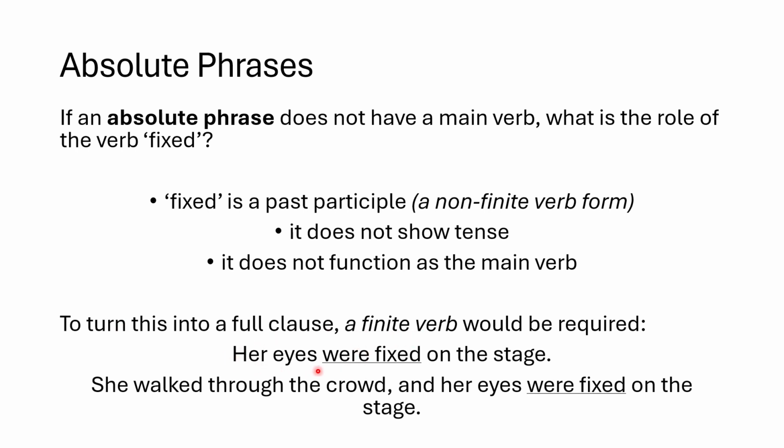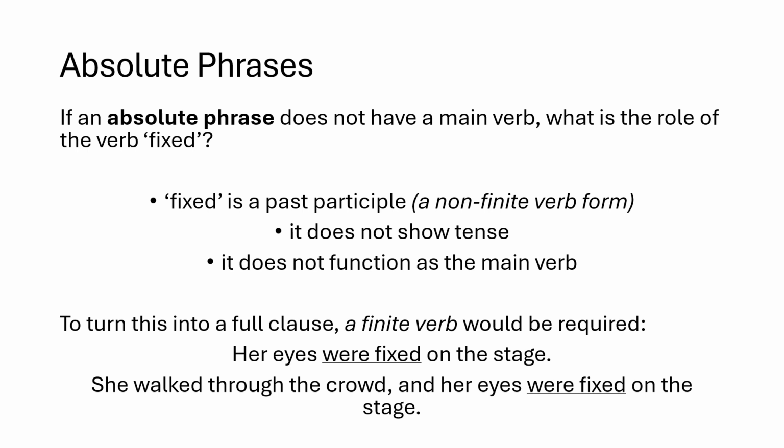Her eyes were fixed on the stage. She walked through the crowd and her eyes were fixed on the stage. The absolute phrase is basically a compressed version of the full clause.